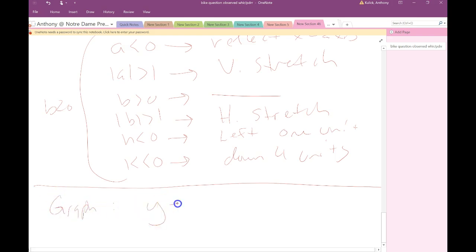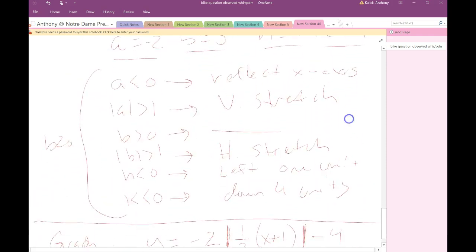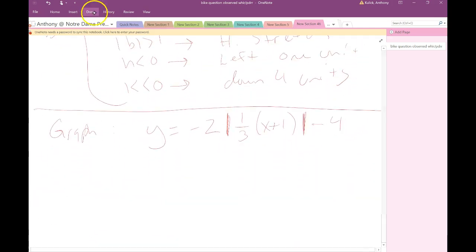Okay. So, yeah, that's all I'm going to do. I think that this was the function, right? Let me just go back and check real quick. Yeah. Okay? So the easiest way to approach graphing this is I'm just going to make a 3-point xy table.